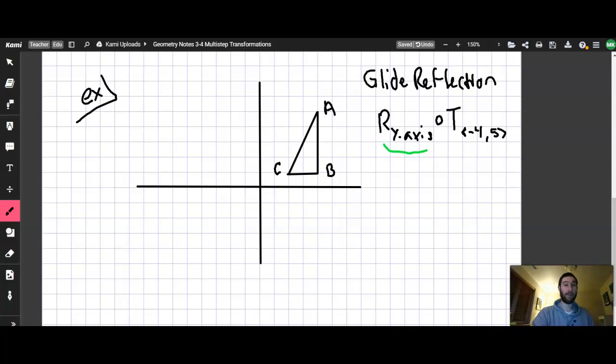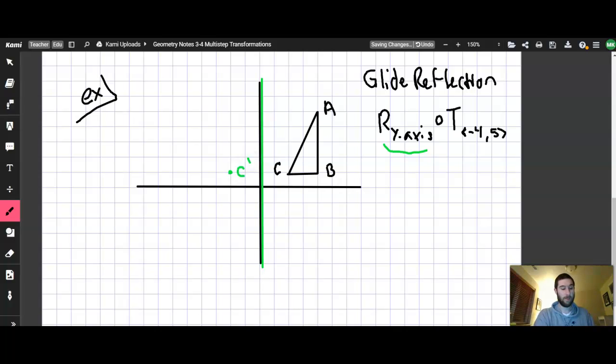So let's reflect over the y-axis. The y-axis is the vertical line down the center. And remember, by doing this by hand, we want to find that perpendicular distance from our line of reflection and then just find the equidistant point on the other side. So C is 2 spots away, so C prime's 2 spots on the other side. Boom, C prime.